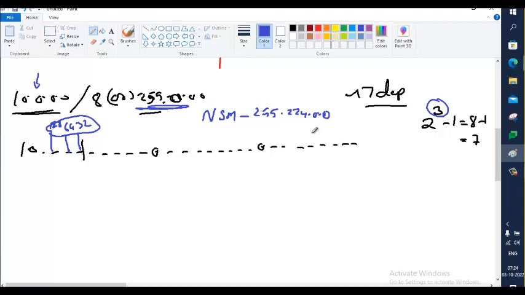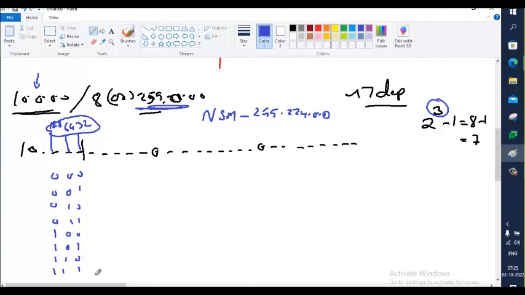Okay, now let's do the subnetting. 3 bits, right? So I'm drawing the 3 bits here. All 3 zeros: 0 0 0, 0 0 1, 0 1 0, 0 1 1, 1 0 0, 1 0 1, 1 1 0, 1 1 1.